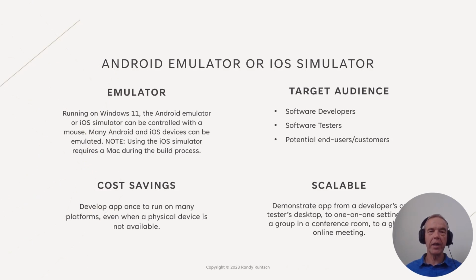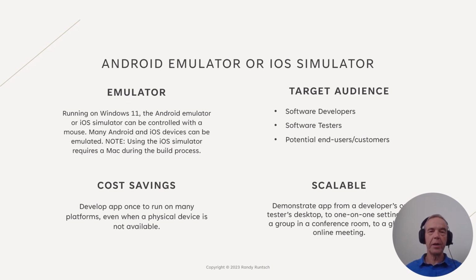The Android emulator or the iOS simulator provides benefits for software developers, testers, and potential end users and customers. An emulator or simulator comes in handy, especially when a specific physical device is not available. It's also useful when it isn't appropriate to turn your personally owned device over to another person to let them try out an app.